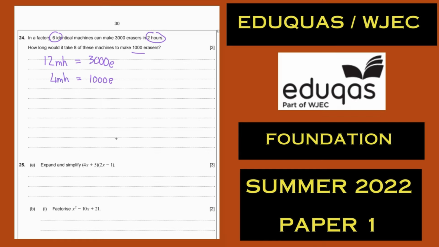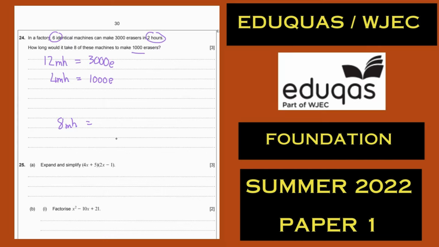But as you can see, we actually have 8 machines. So these 8 machines, if they were working for 1 hour, we'd produce 2,000. That's too much. We don't want that much.